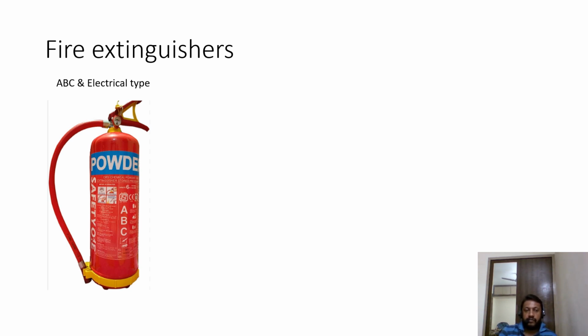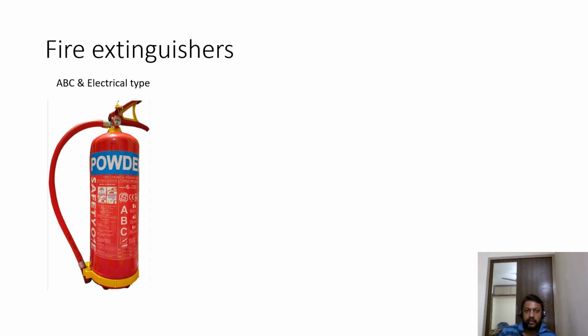This is a very important thing that we have to keep in mind before placing any cylinder in a particular area. First you should determine and understand what type of risk is involved in that area, and you should also see what materials are stored in that area. If you have solid material, then type A is enough. If you have flammable liquid, then type B is enough.